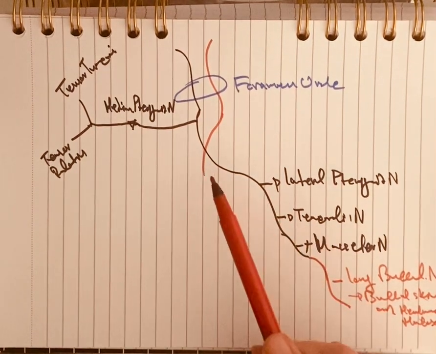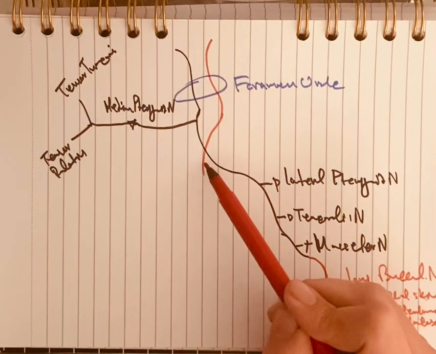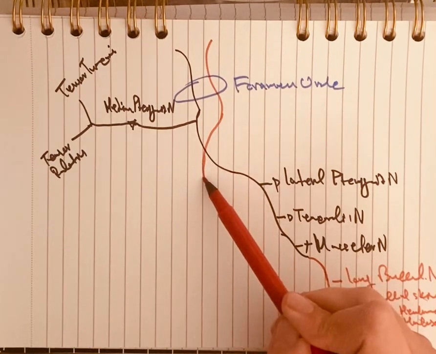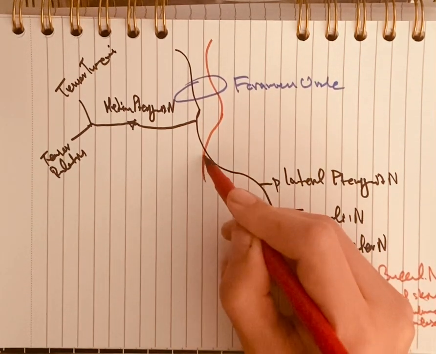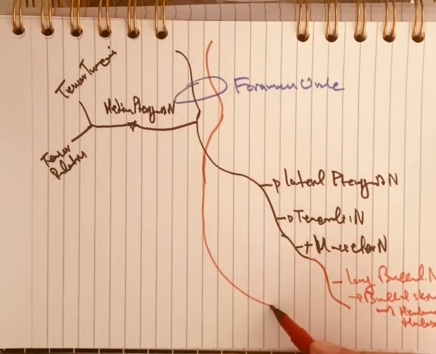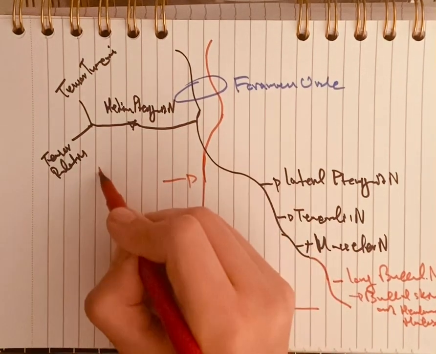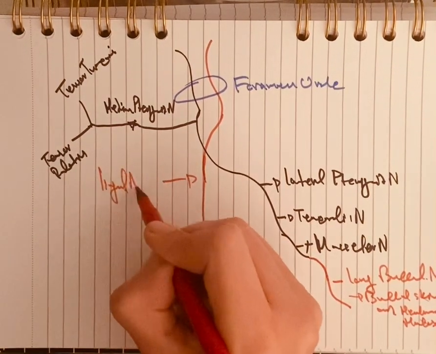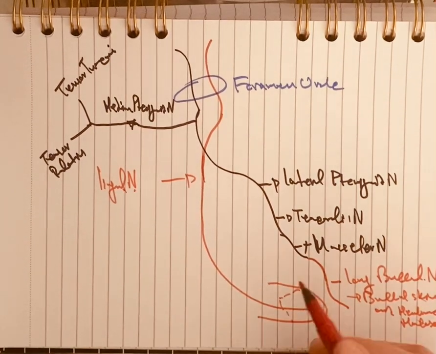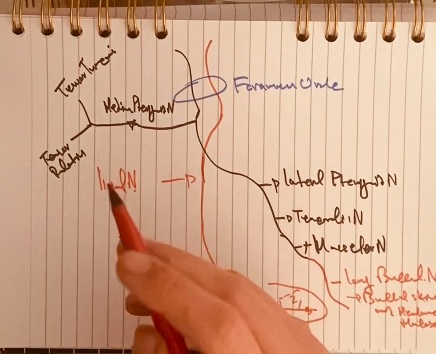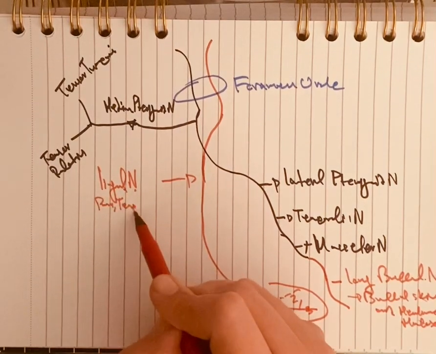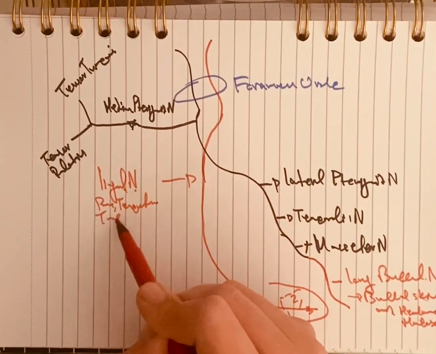let's go back and focus on the sensory nerve. We have here a very important nerve that is called the lingual nerve that innervates the two thirds of the tongue and gives the sensation of pain, temperature, and touch.